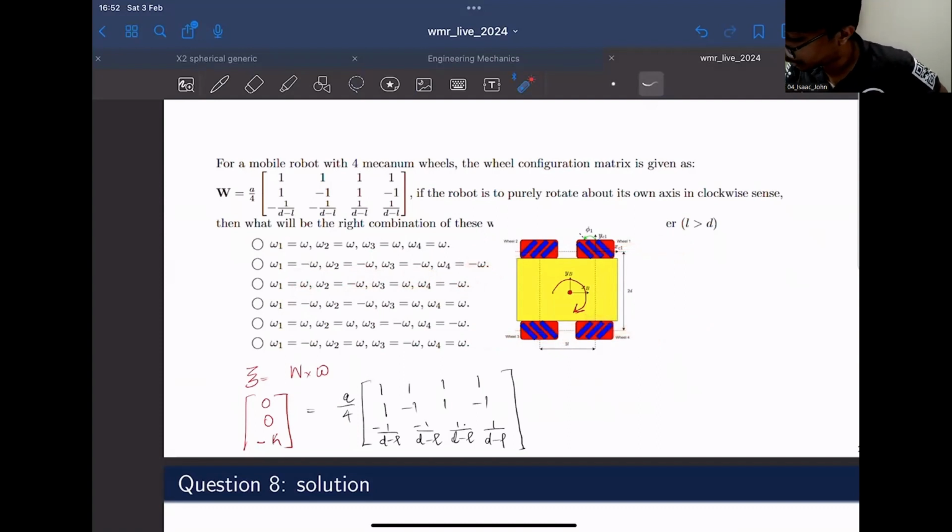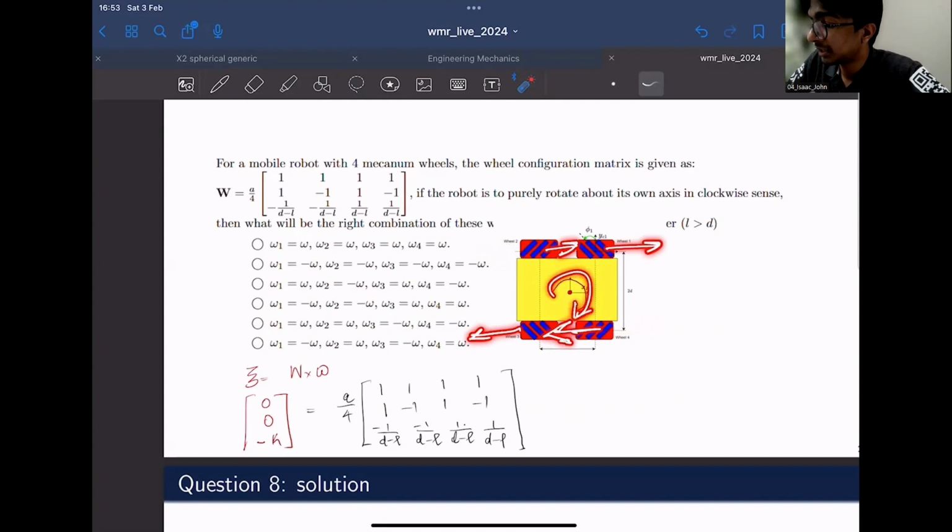Then we have option 4. So omega 1 and omega 2 are minus omega, and omega 3 and omega 4 go in the opposite direction. If you use some logic, how should it look? If these two wheels are rotating in one direction and these two wheels are rotating in the opposite direction, it will try to induce the robot to rotate in this sense, right?